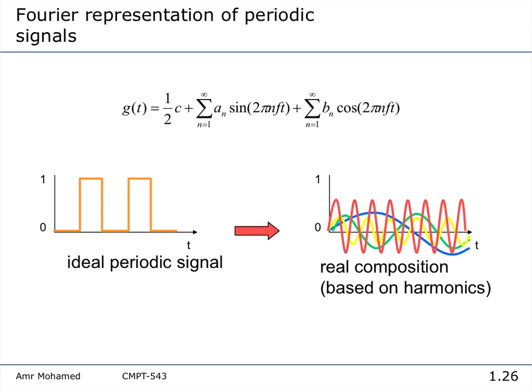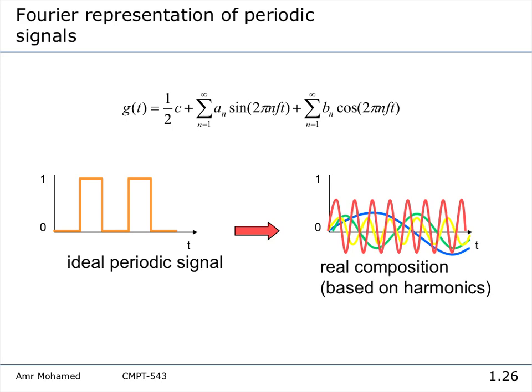We know the time domain of the signal, so we can model the amplitude of the signal with respect to time. We also talked about the fact that the simplest form of a signal is the sine wave. If I represent the sine wave in the frequency domain, I can represent it using just one impulse that represents the frequency of this sine wave. This is the simplest form.